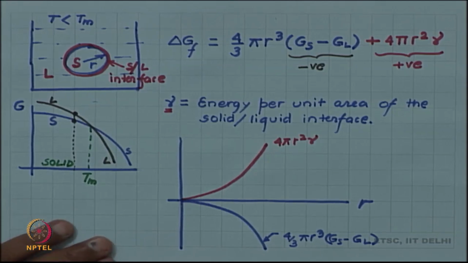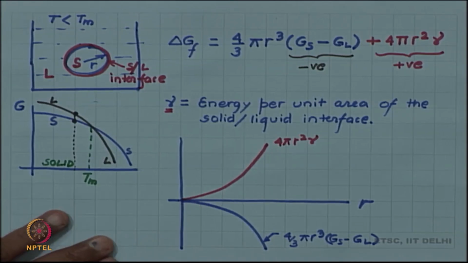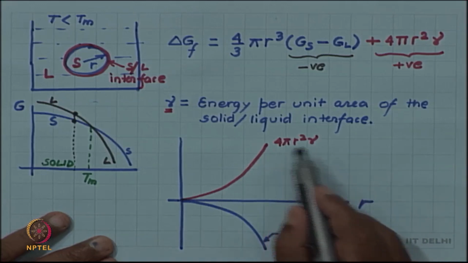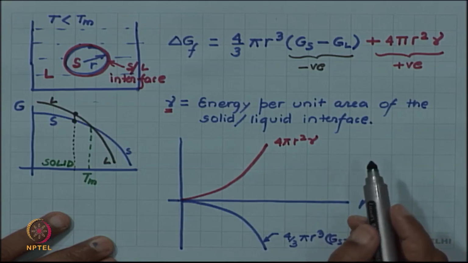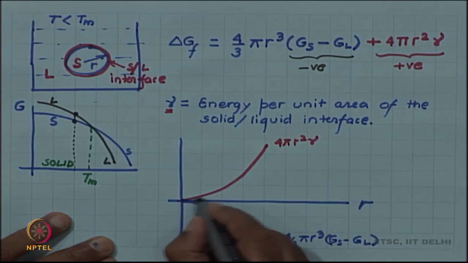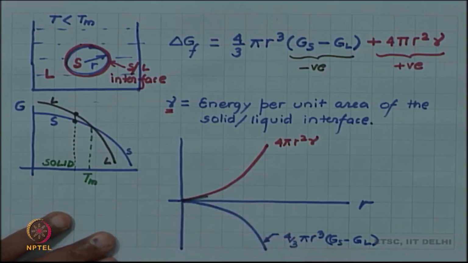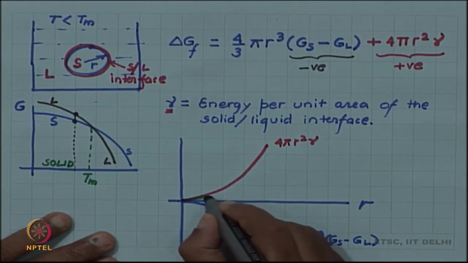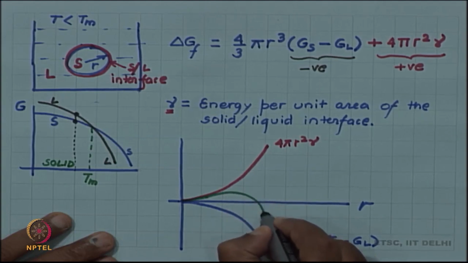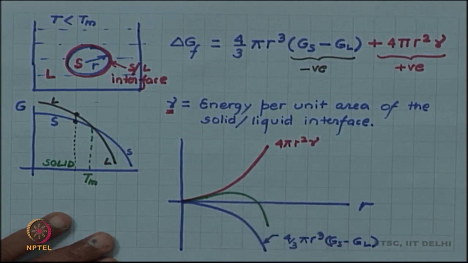And if we add these two terms, then you can see that initially for a small r, the r square term is dominant, but for large r, r cube becomes dominant. So, initially the curve will follow the r square curve and will be going up, but gradually as the radius becomes large, the curve will be pulled down.